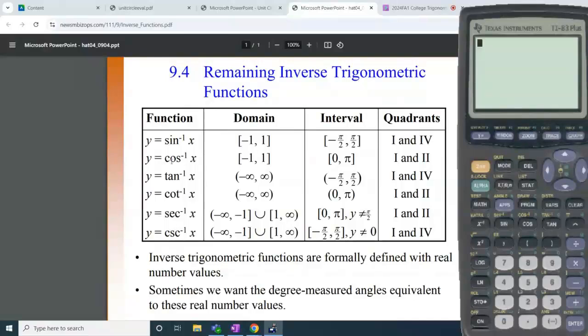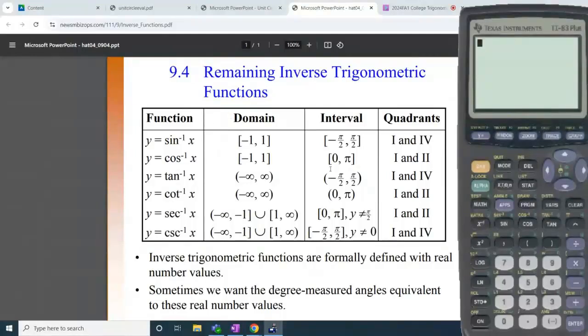The reciprocal of arc cosine is arc secant. The reciprocal of inverse of cotangent is inverse of tangent. Okay, so just as in the 6 trig functions, in the 6 inverse functions we have 3 main functions and then 3 reciprocal functions.